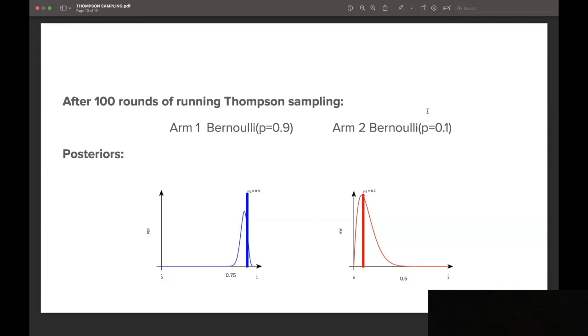This means that after this point on, Thompson sampling will almost always recommend us to pull the first arm. Therefore, we can conclude that at this point, Thompson sampling has determined the better arm and will recommend that arm from here on.